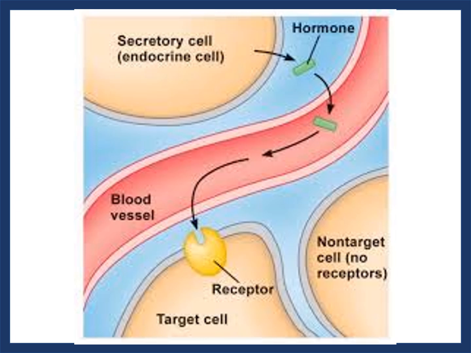So if there is no receptor on the cell, then there will be no effect in the cell. That cell that does not have a receptor is not a targeted cell. Only cells that have the receptor will be able to have the hormone bind and then respond to that hormone.